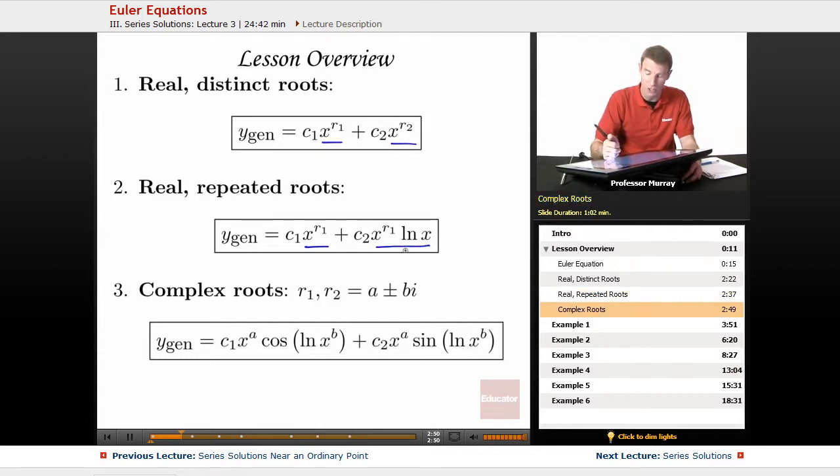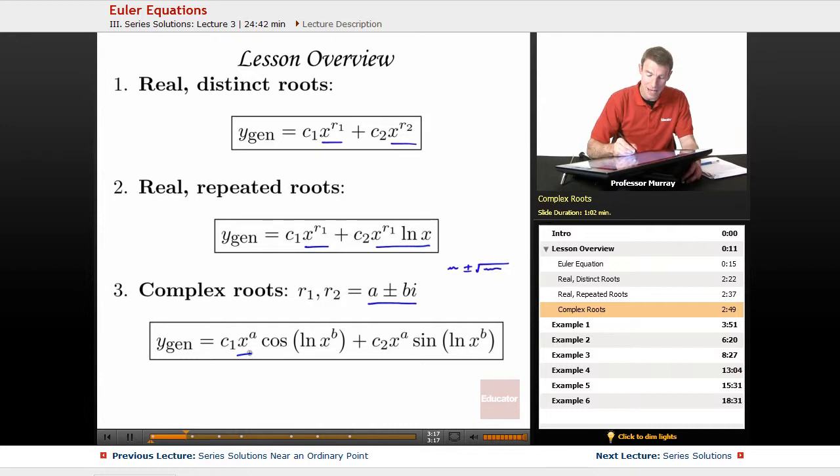And if you have complex roots, then it'll always occur in conjugate pairs, remember, because the quadratic formula is something plus or minus the square root of something, and so if you get a negative number under the square root, then you'll end up getting a conjugate pair, something like a plus or minus bi. And it's a little more complicated if you do that, but it's just a formula to remember.